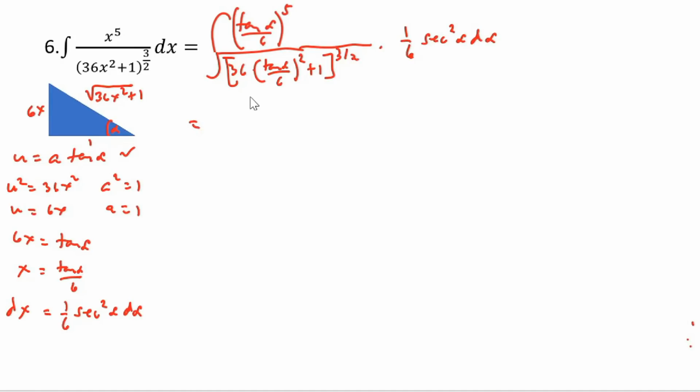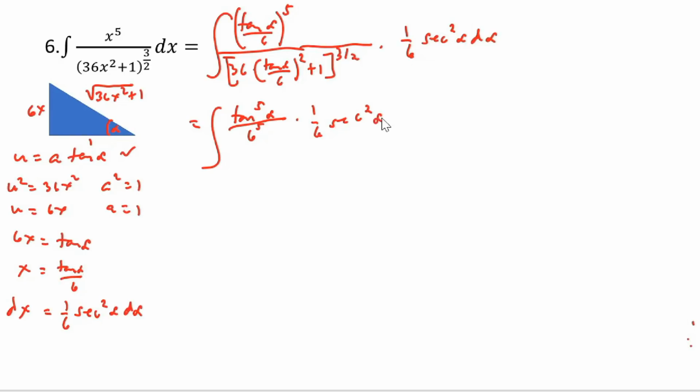So by simplifying, we have tangent to the 5th power of alpha over 6 to the power of 5 times 1 over 6 of secant squared alpha d alpha, all over 36 times tangent squared alpha over 36, which comes from the square of tangent alpha over 6, plus 1, open and close bracket, with the power of 3 halves.